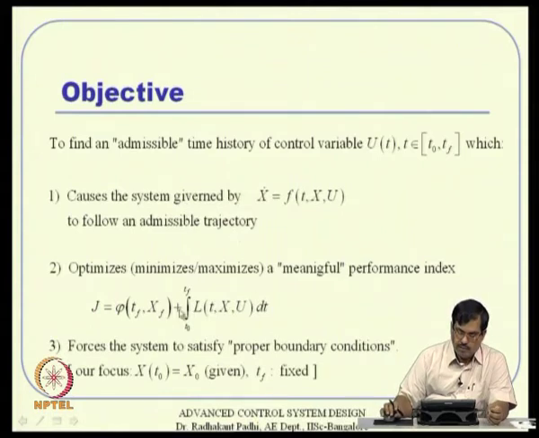Associated with it, it needs to satisfy certain boundary conditions. In our case, the initial condition at t equal to t0 is x0, which is specified, and at t equal to tf, xf is typically free, and we will consider tf to be fixed.